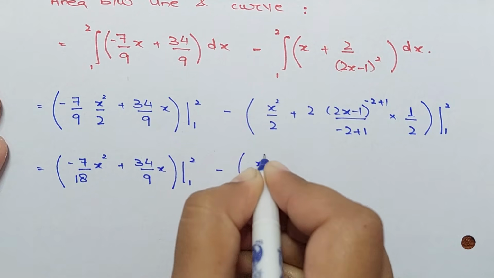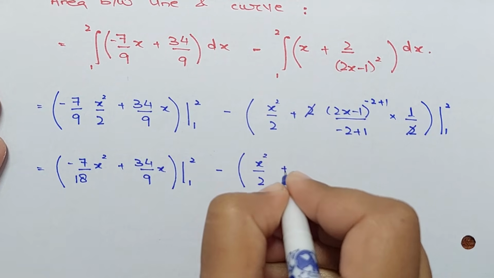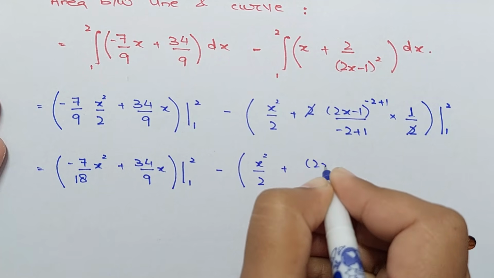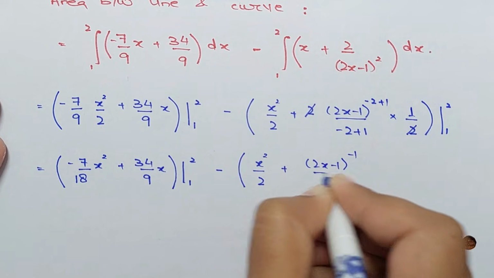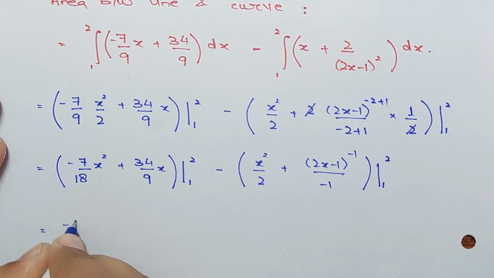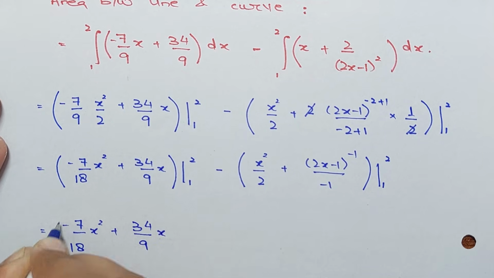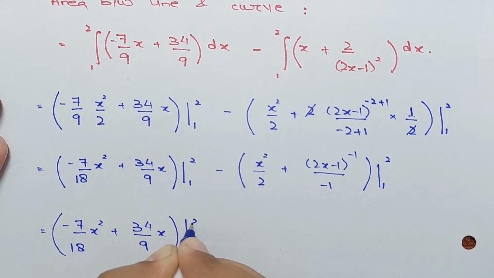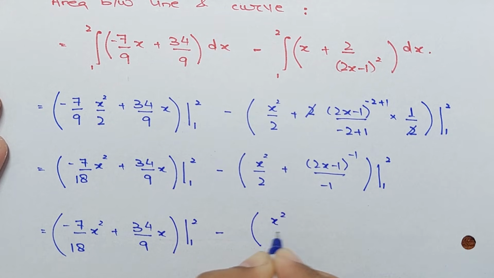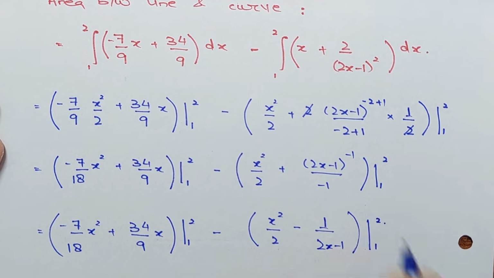Subtract, this is x square divided by 2. This 2 and this 2 cancel out, plus we have (2x minus 1) to the power negative 1 over negative 1. The limits are from 1 to 2. So here minus 7 over 18 x square plus 34 over 9 x, applying the limits from 1 to 2, minus x square divided by 2 and minus 1 over (2x minus 1) from 1 to 2.